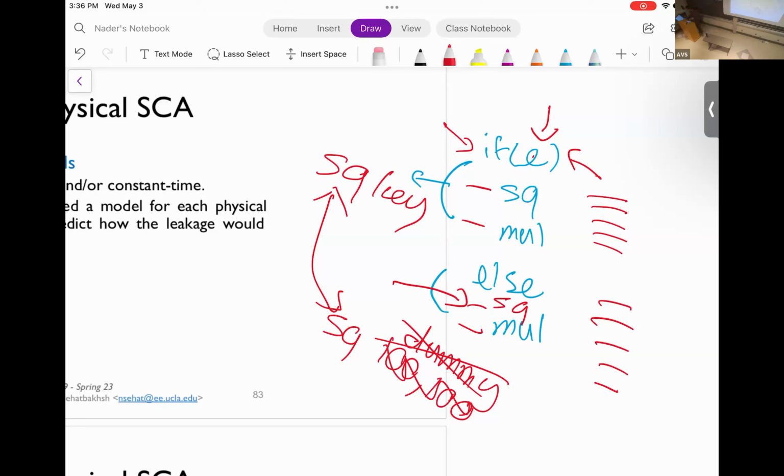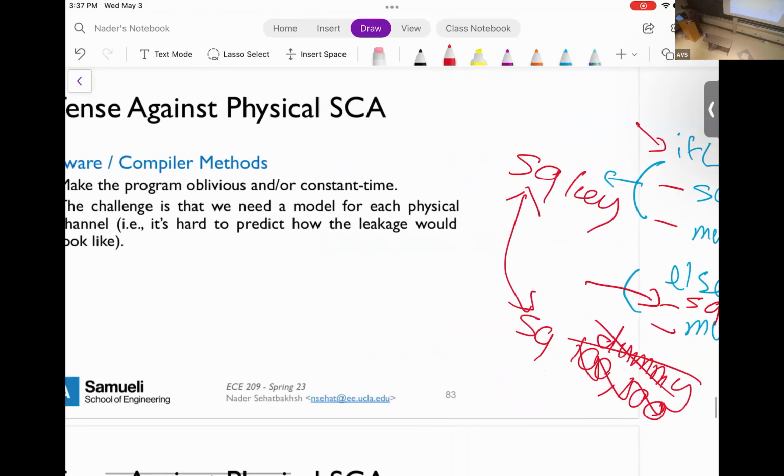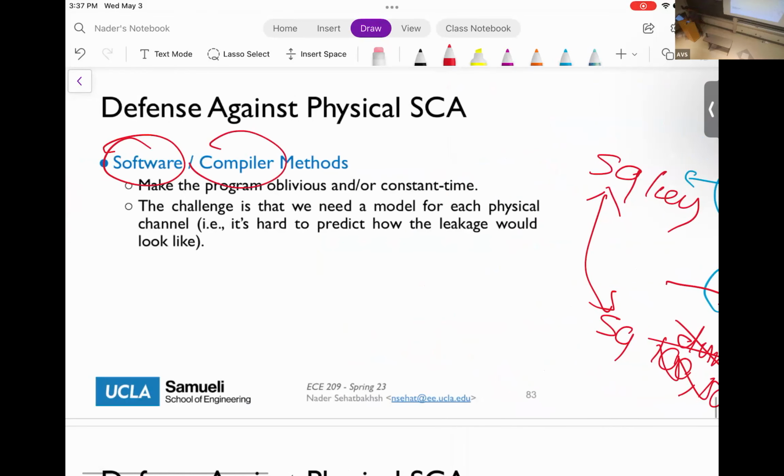What is the downside of this? The downside is obviously I'm just running dummy, extra instructions without any use, right? So I'm wasting power, I'm wasting area, I'm wasting performance. But on the other hand, I'm safe against side channel attacks, okay? How can I do that? I can do it at the software level. I can do it at the compiler level as well.